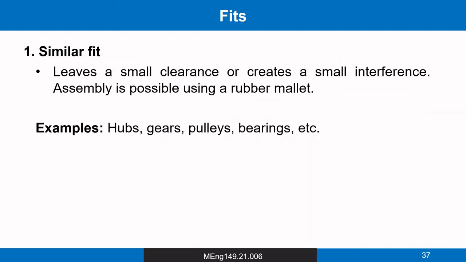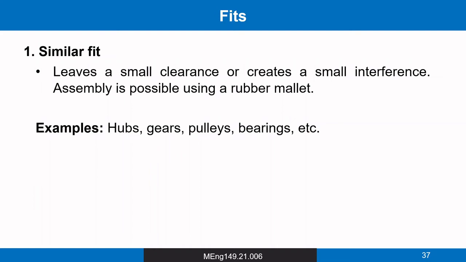Okay, so what are the examples? This leaves room for small clearance or creates a small interference. Assembly is possible using a rubber mallet. Okay.